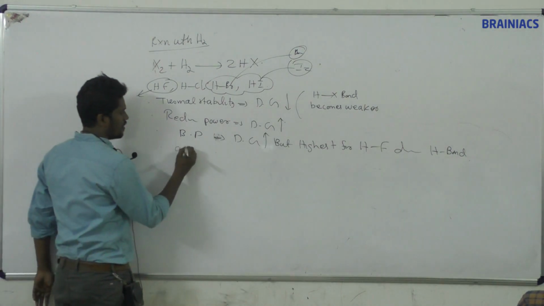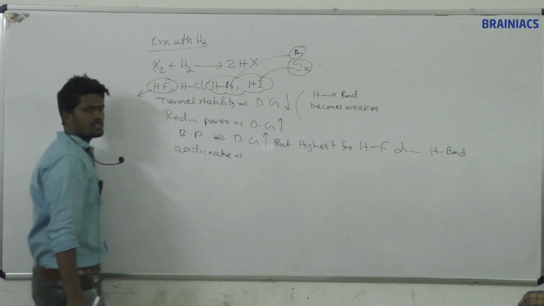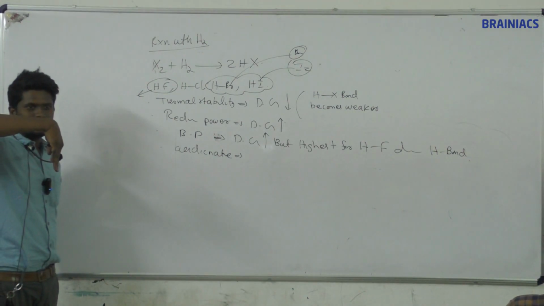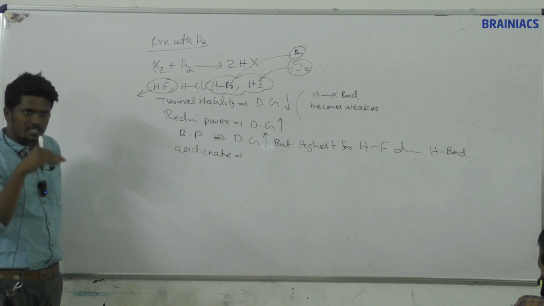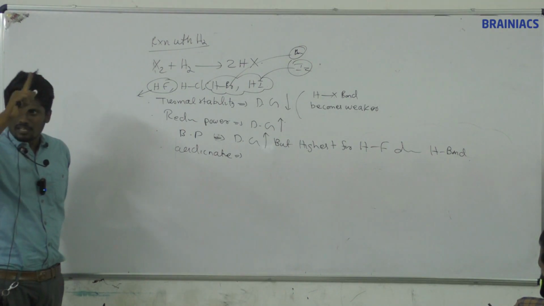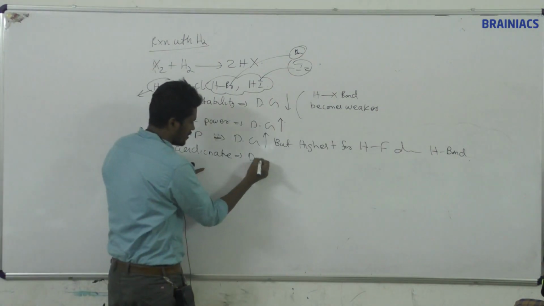Okay, the basic nature of hydrides decreases down the group. NH3 is the most basic, then PH3, AsH3, SbH3, BiH3. Basic nature decreases and acidic nature increases down the group.